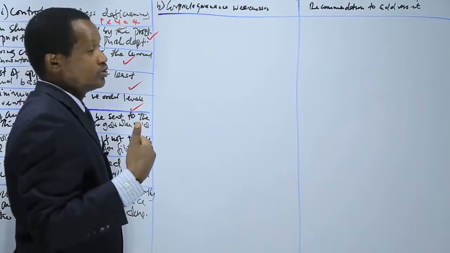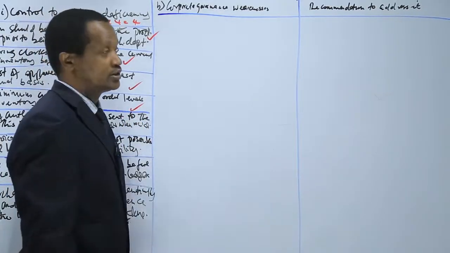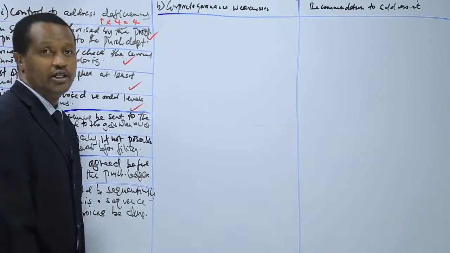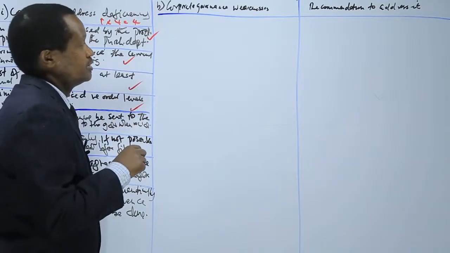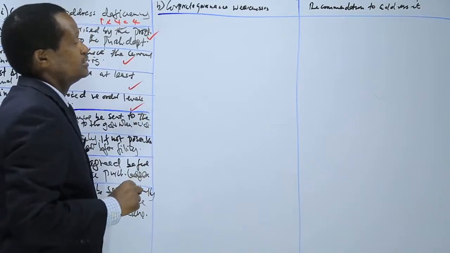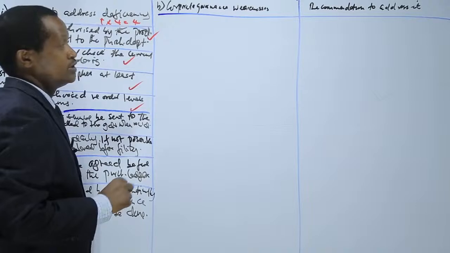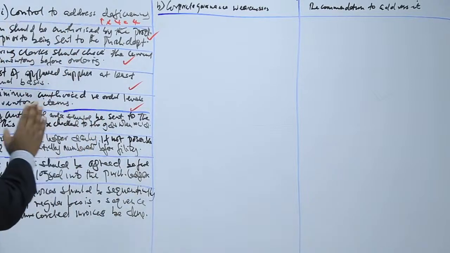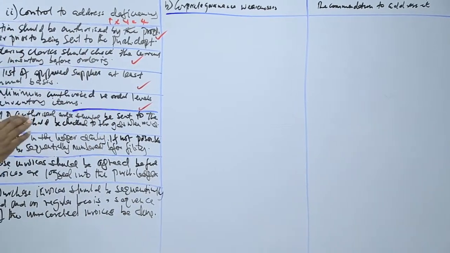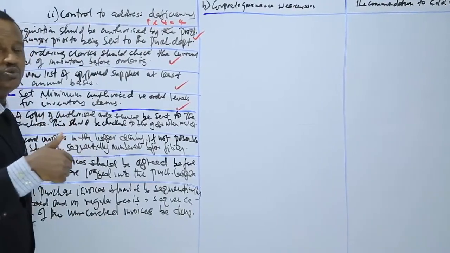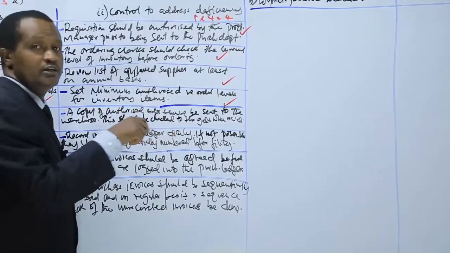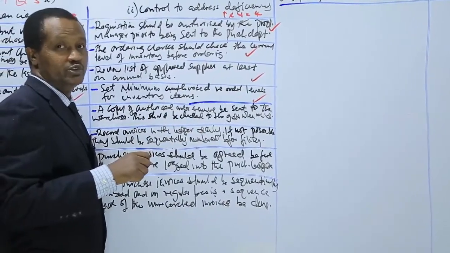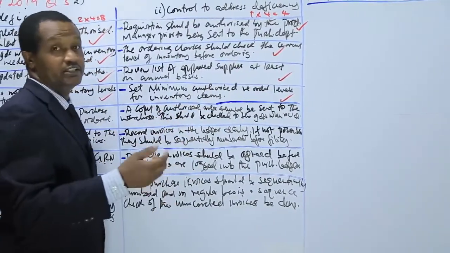So candidates were required to carry the knowledge that was acquired in strategy governance and ethics paper in answering this question. And the same way, in part A, students were required to use the knowledge gained in the lower auditing and assurance paper that was tested in section 4.